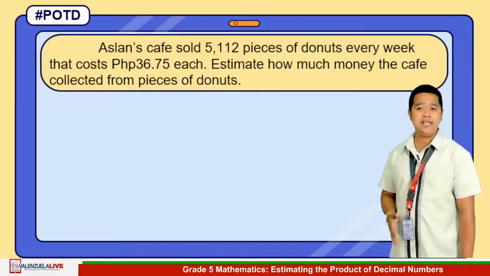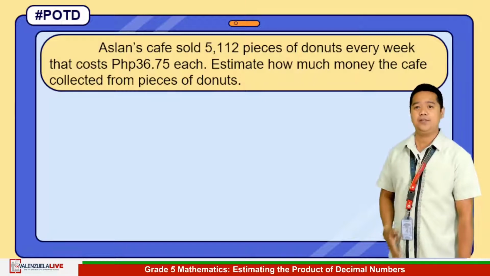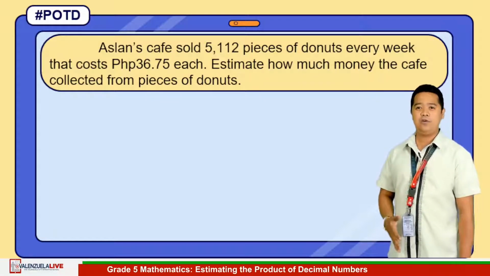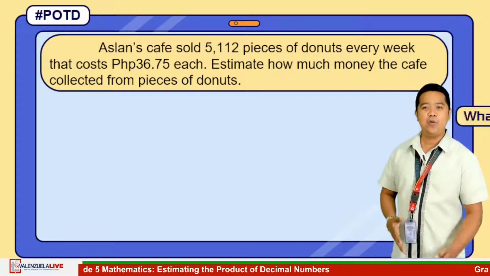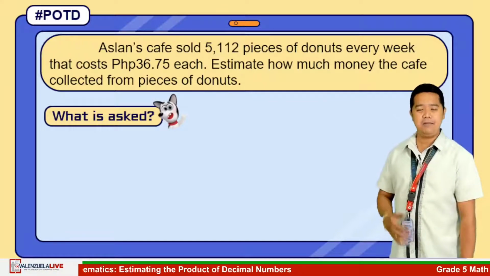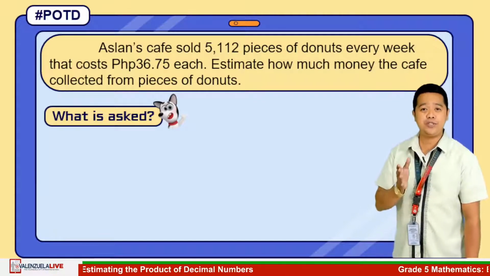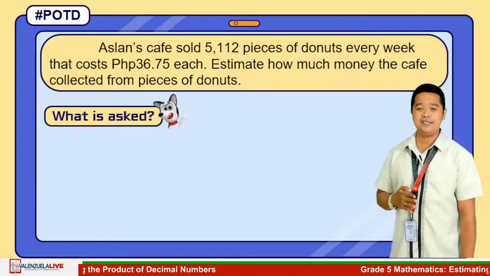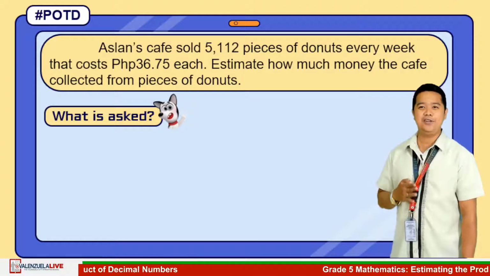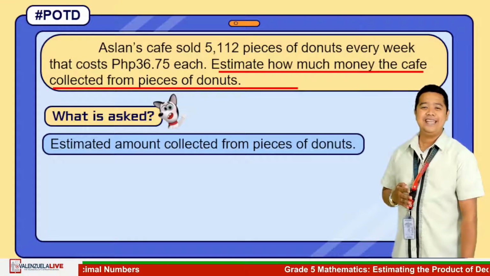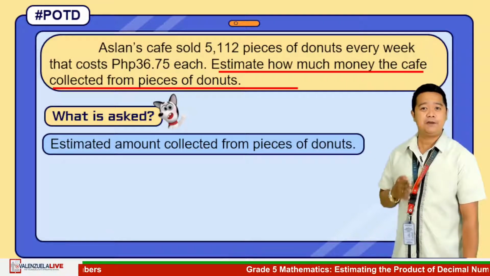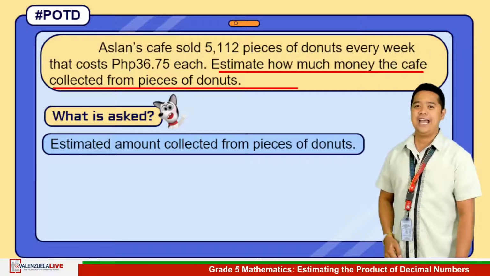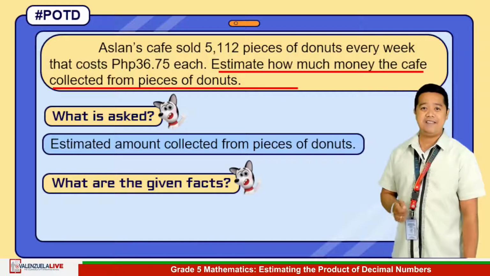Estimate how much money the cafe collected from pieces of donuts. Now, let us answer what is asked in the problem. You can use the comment section to type your answer. Okay, very good. The estimated amount collected from pieces of donuts. How about what are the given facts?